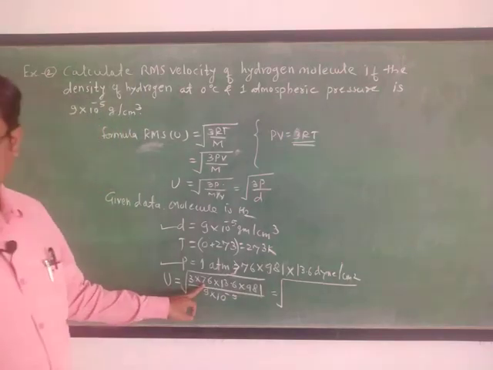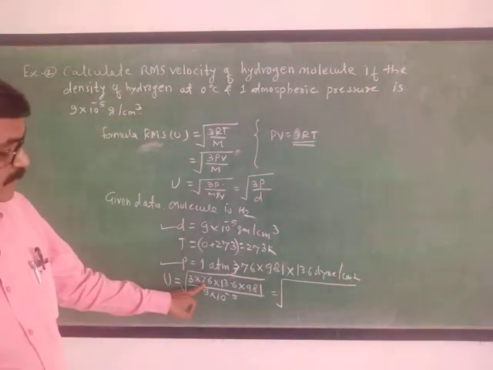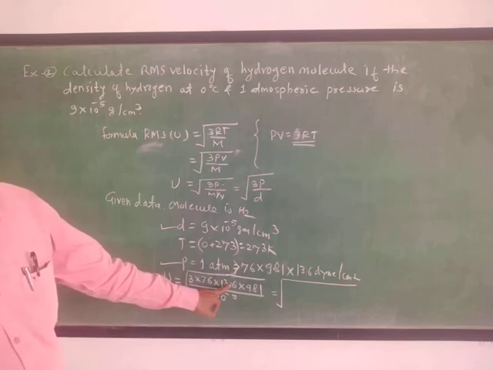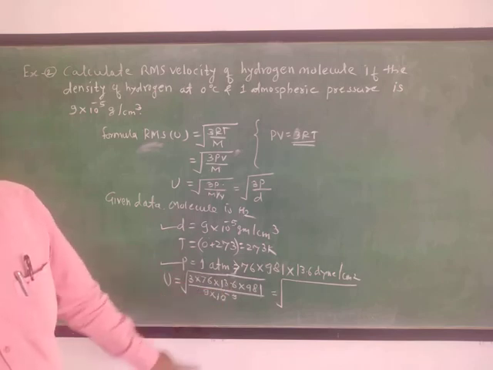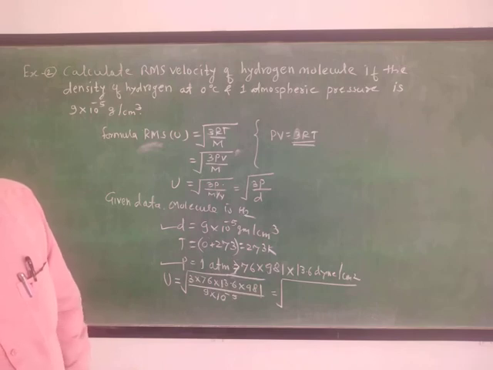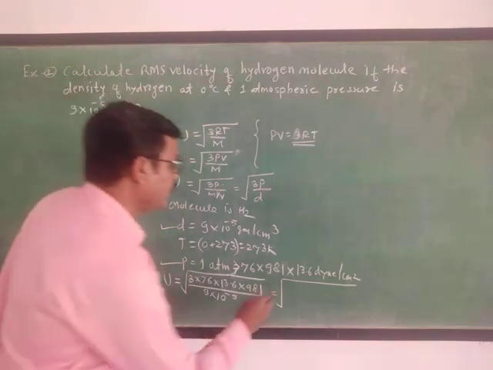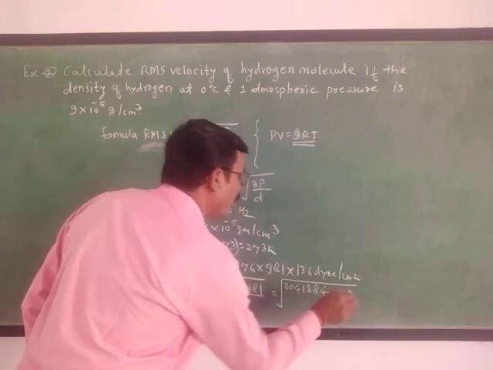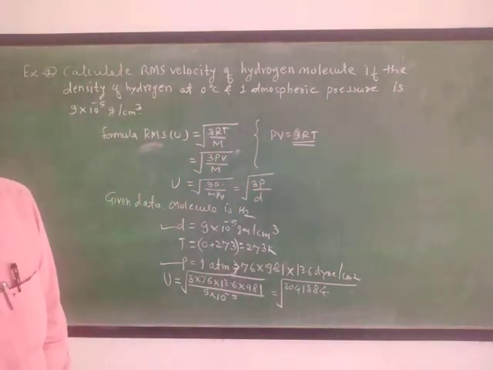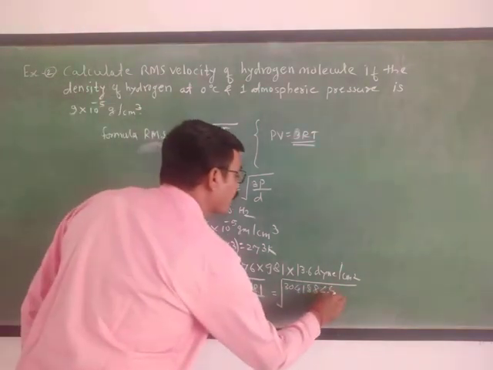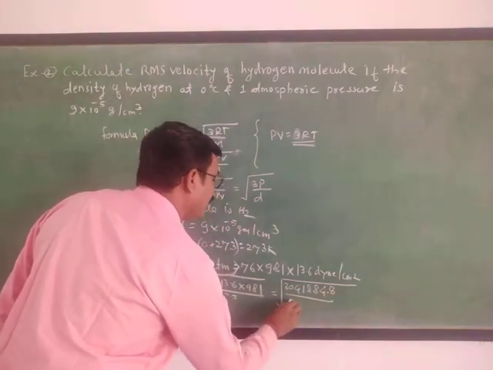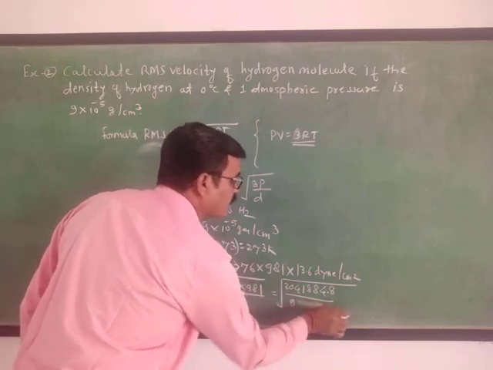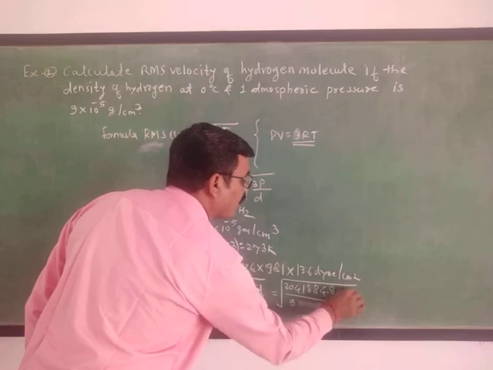Now, after this, simple calculations are there. 3 multiplied by 76 multiplied by 13.6 multiplied by 981, and this value will be 3041884.8. Remaining 9 into 10 raised to power minus 5. But when this minus 5 comes to the numerator, it will be 10 raised to power 5.